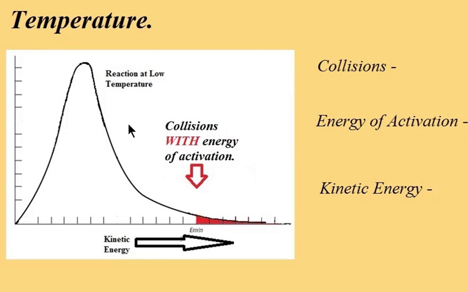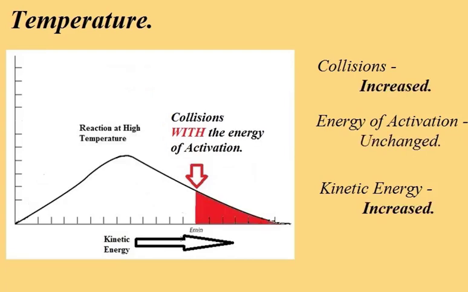But if we carry out the reaction at high temperature, there's a twofold effect on the rate of the reaction. For one thing, with the molecules moving faster, we're going to see a greater number of collisions. Sheer number of collisions increase, which statistically should increase the number of effective collisions.